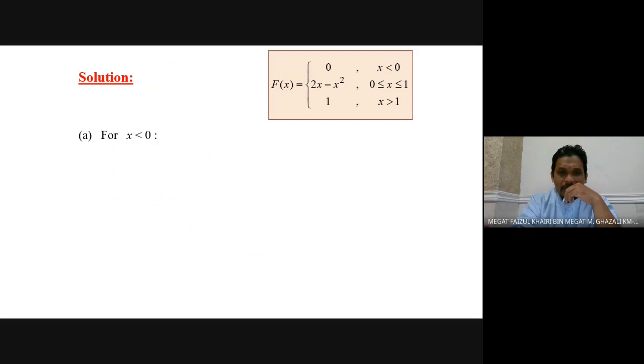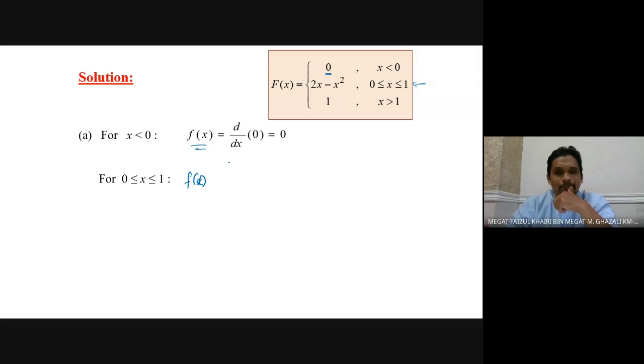Okay, for x less than 0, class. So to find the f(x), differentiate 0 with respect to x, which is equal to 0, easy. Then for x in between 0 until 1. So then this f(x), what do you think? Class. What do you think about this domain or about this function? Differentiate 2x minus x squared is going to give you 2 minus 2x.